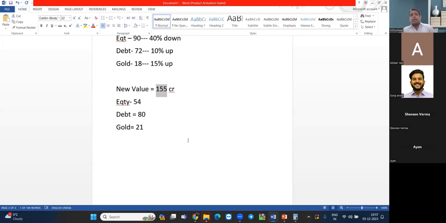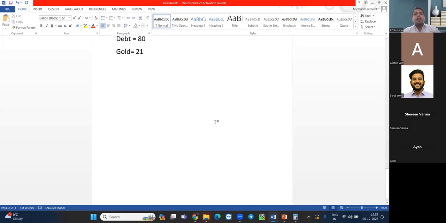So this is one way. Now there is another way, which I am just naming the beta way. Do you all remember beta? Let's say you have an equity stock whose beta is 2.